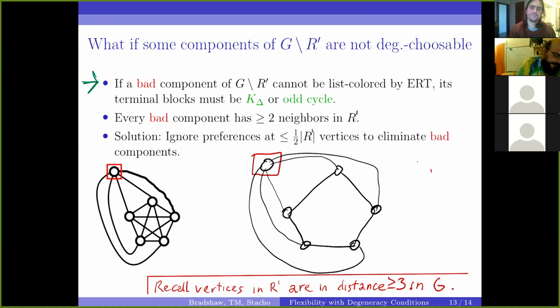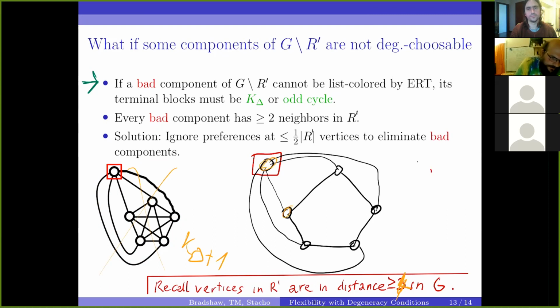So they have to have a neighbor in R prime, and it has to be one vertex because of this distance condition. Anyway, it has to look exactly like this, but this is K delta plus 1, which is forbidden. So it doesn't look like that.